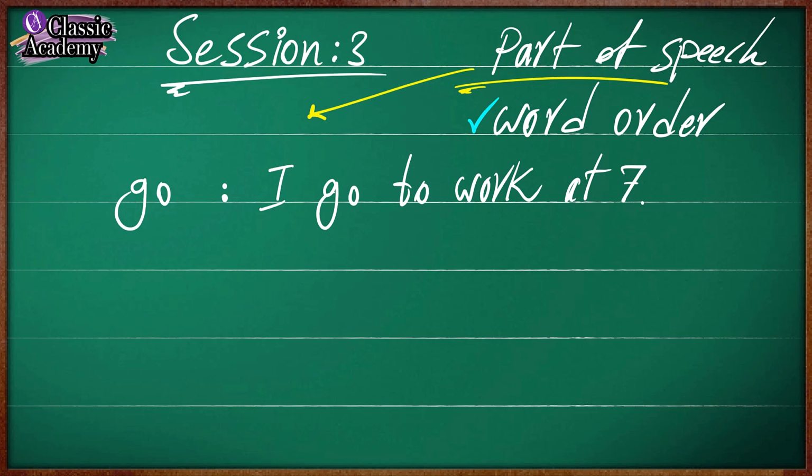Today, I went to work at 6:30. Went is another form of go. Part of speech tells us that we have different forms of one single verb, like go. Go when? I went to work.